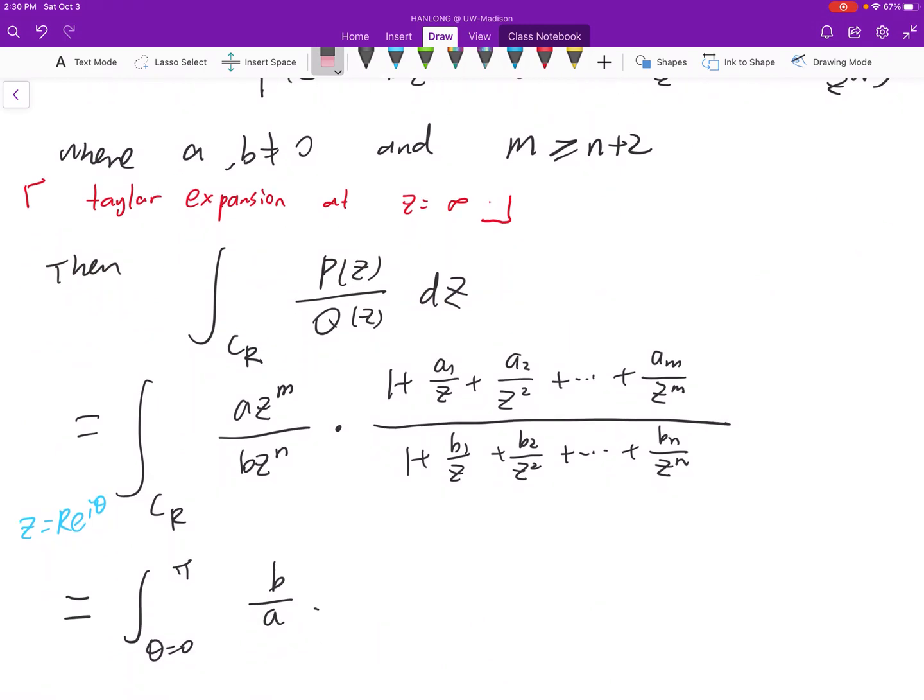Here actually b is upstairs, a is downstairs. My bad. A1, A2, Am.